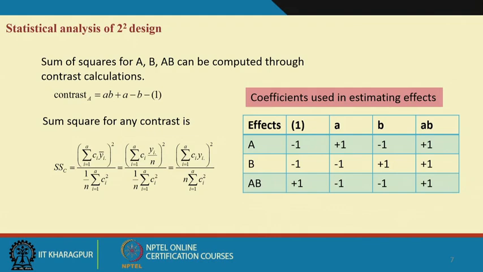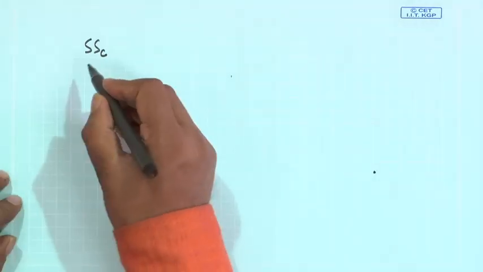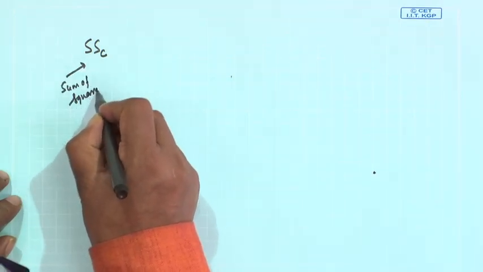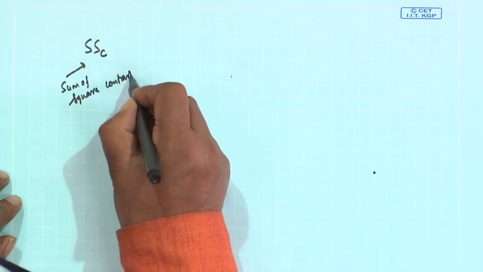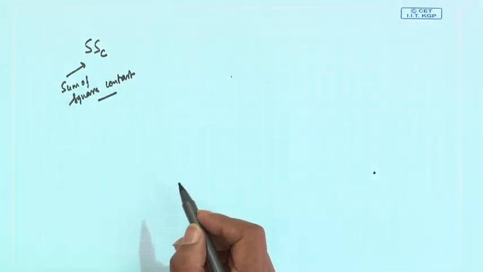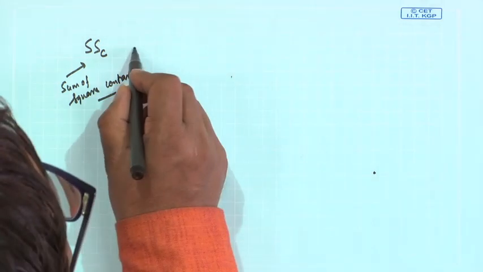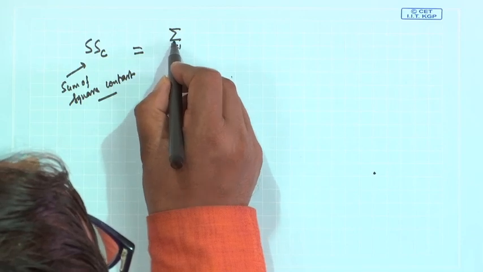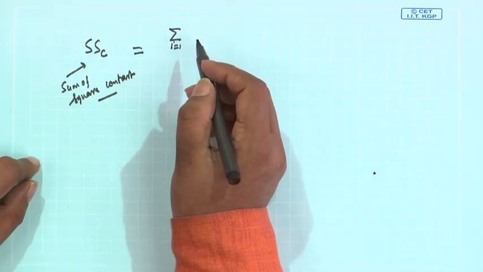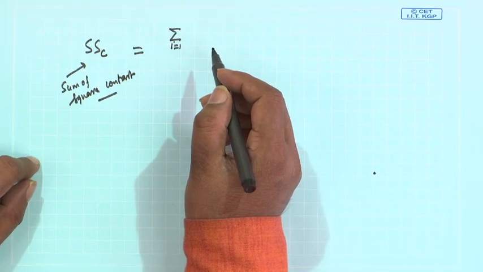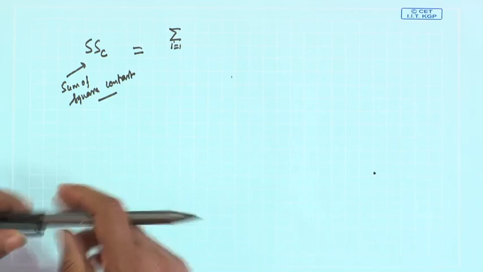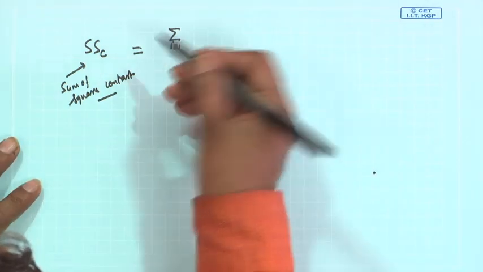So, SSC means sum of squares contrast, sum of square contrast. So, this will be the sum over i equal to 1 to a. Now, you have to see where this is changing from.